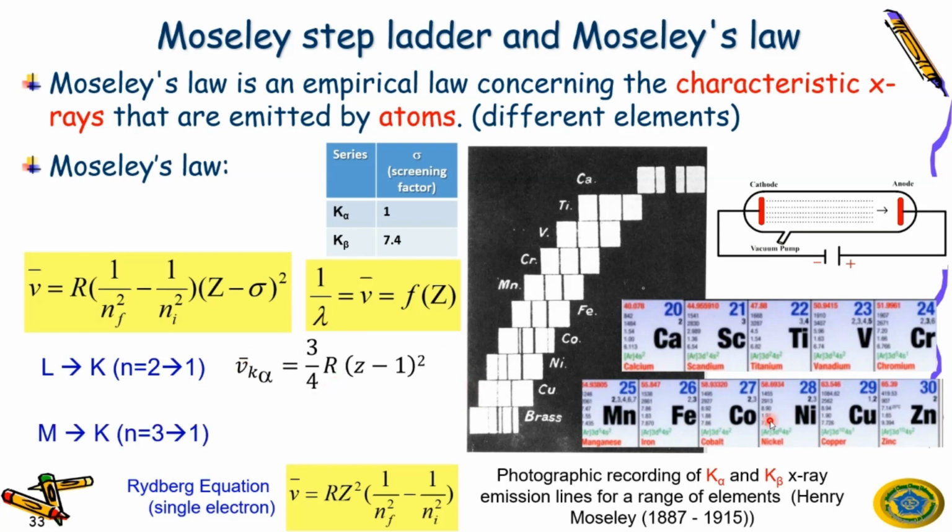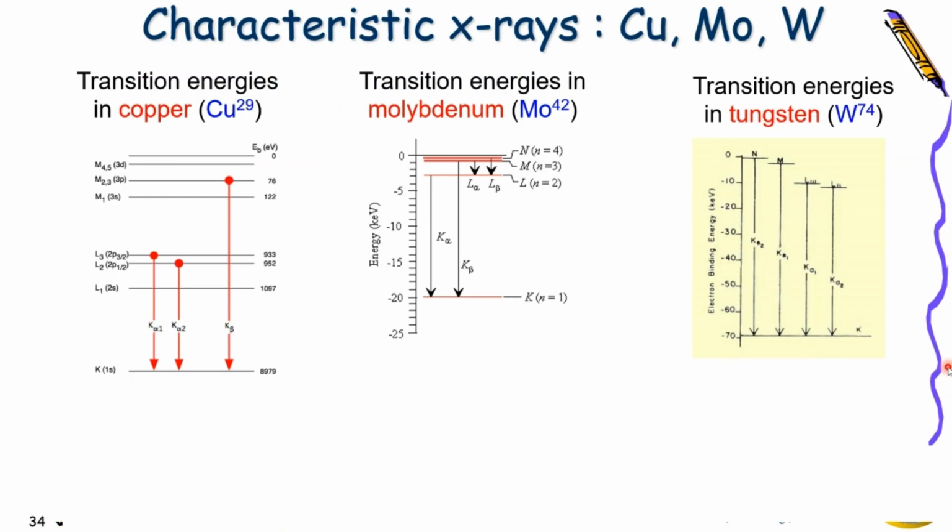And from M to K, you use this equation, with 7.4 as the screening factor. I don't need you to remember this equation. You just need to know Moseley's law is a modified equation from the Rydberg equation. Is it interesting? Right.